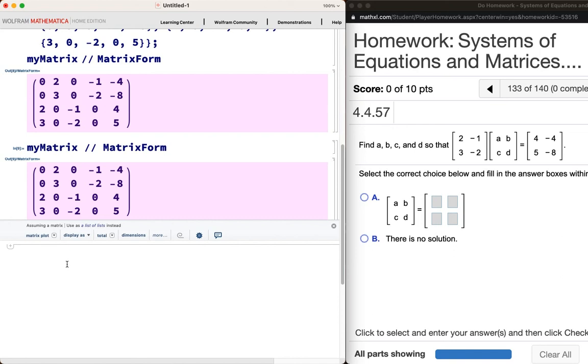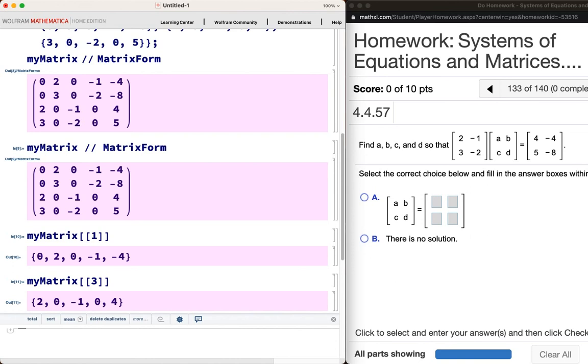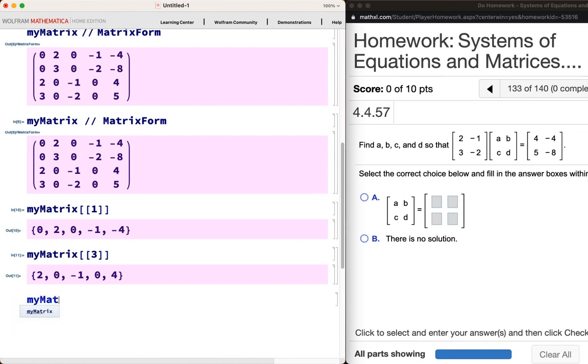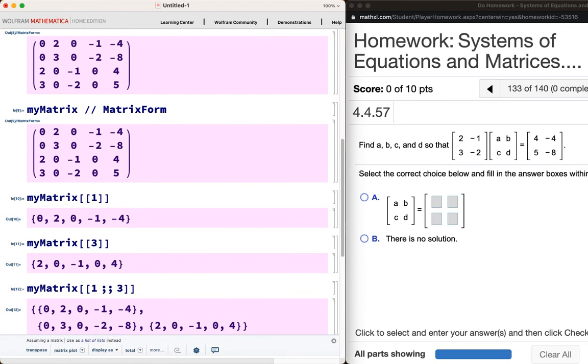If we're going to swap rows, okay, now I actually think I forgot how to get this accomplished. My matrix. Well, this is going to be the first row. And this is going to be the third row.